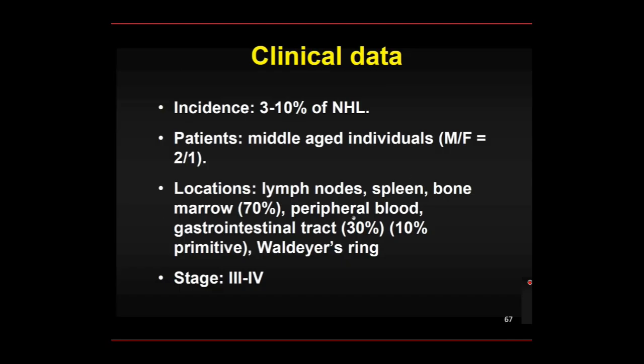GI tract, 30%. Mantle cell lymphoma is very common in the GI tract, and we have seen already that the GI tract is a common site. It's common for diffuse, it's common for Burkitt, it's common for mantle cell. Can we say something more? When dealing with follicular lymphoma, the jejunum variant is very indolent, very, let me say benign, even if technically not benign, but patients rarely die of that lymphoma.